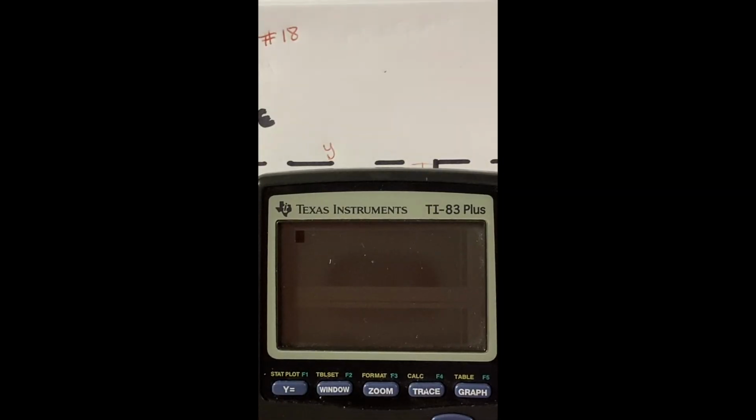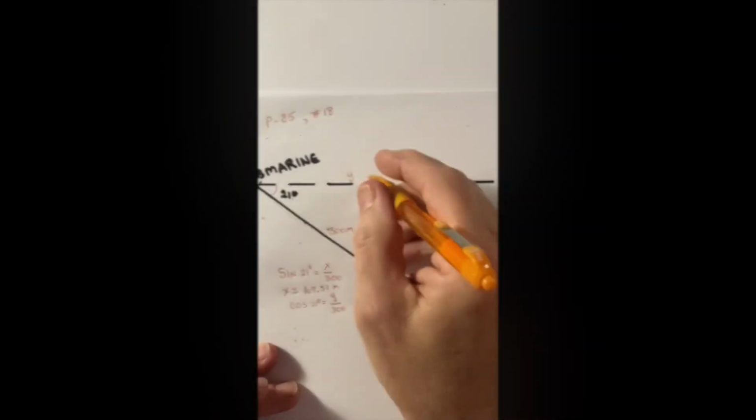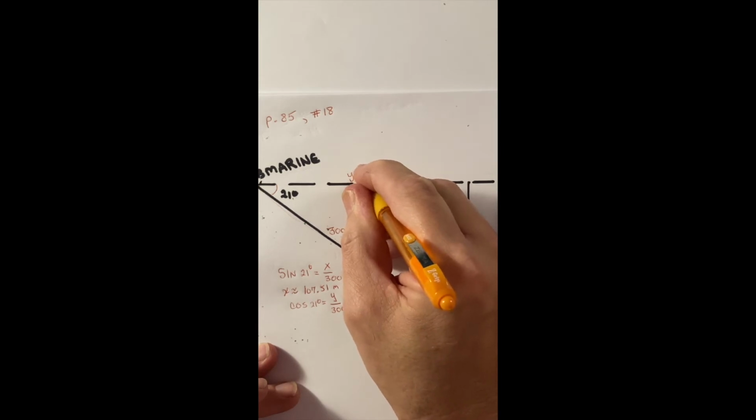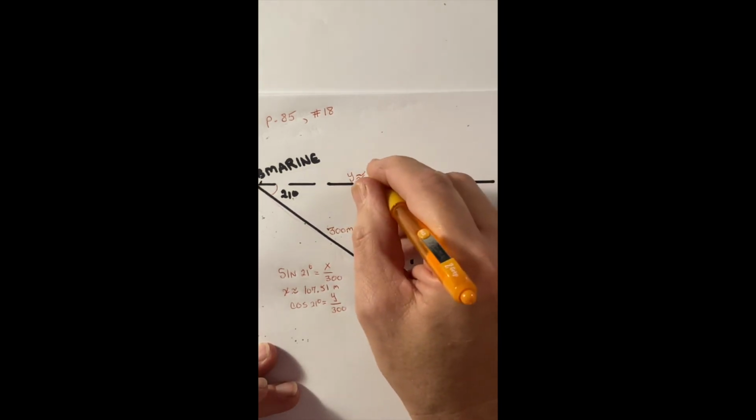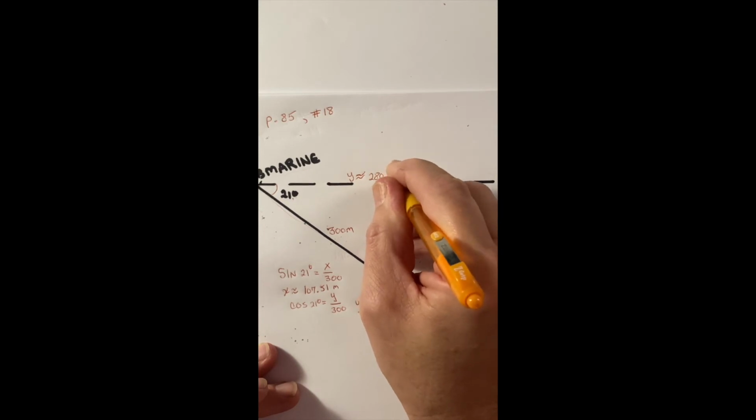And y, let's do this again, and say the cosine of 21 degrees times 300 is equal to 280.074. Rounding to the nearest hundredth, that will say that y is equal to approximately 280.07 meters.